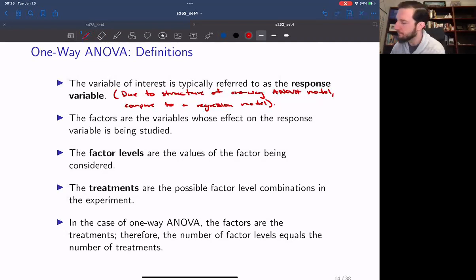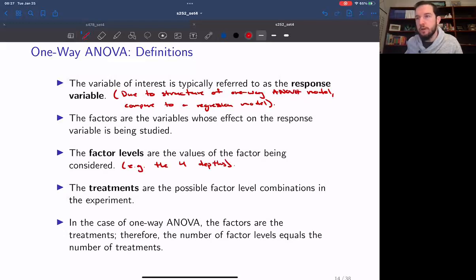So for example, the 4 steps. Okay, and the treatments are the possible factor level combinations. This is going to have more meaning when we get to the CRBD and the two-way ANOVA. In one-way ANOVA, this is analogous with factor levels.